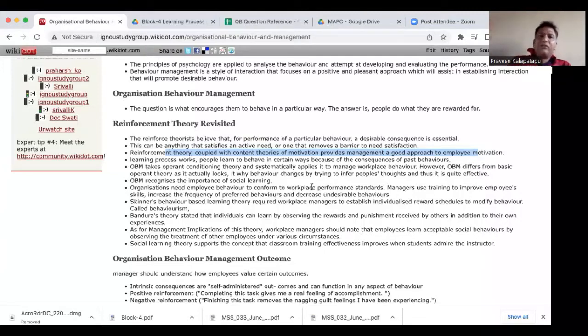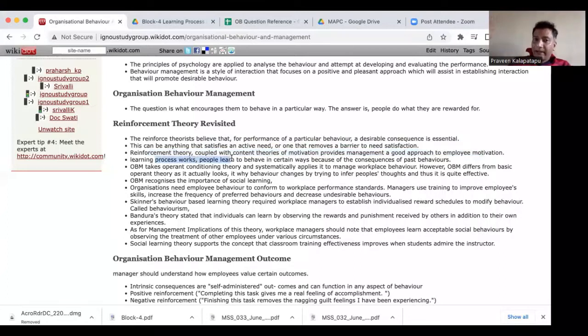Correct. So those are needs theories, right? They tell what the needs of an employee are, which really creates this motivation. Reinforcement talks about how to actually fulfill those particular needs. So the combination of reinforcement and those motivational need-related theories provides a very good framework for management to follow and make sure things are fine, right?